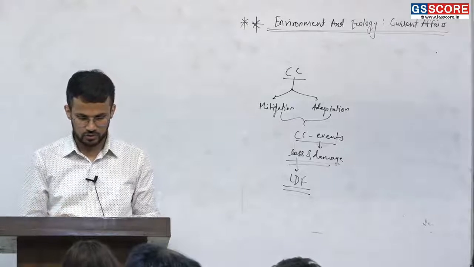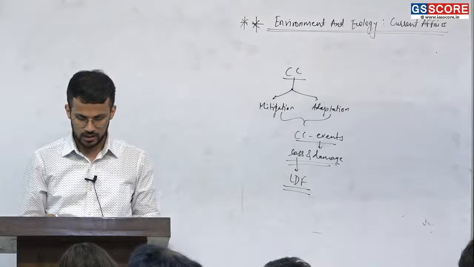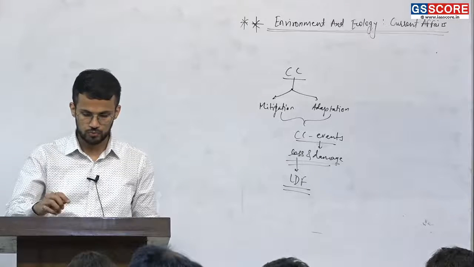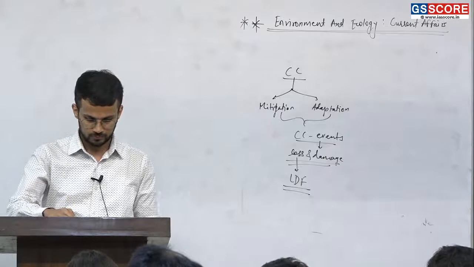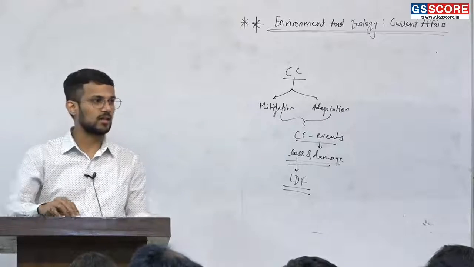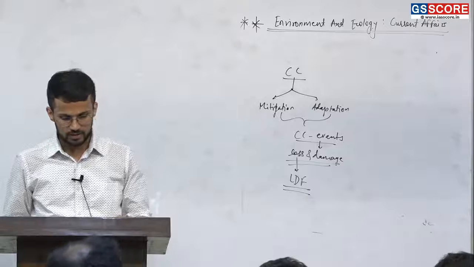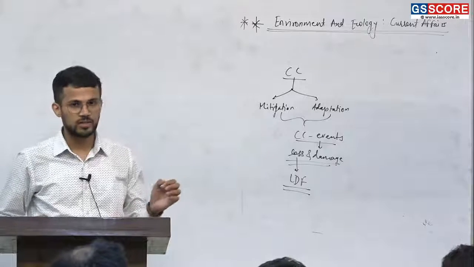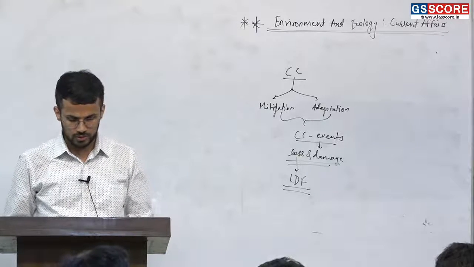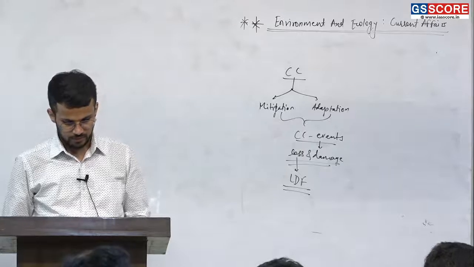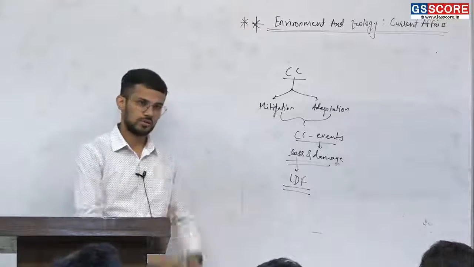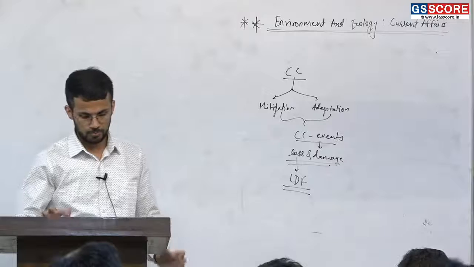Its stretch is almost 180 kilometers, and it's almost 4,500 years old. And why is it that large? Because it clones itself. It is as large as 180 kilometers because it clones itself. Fine, so that is about these topics.